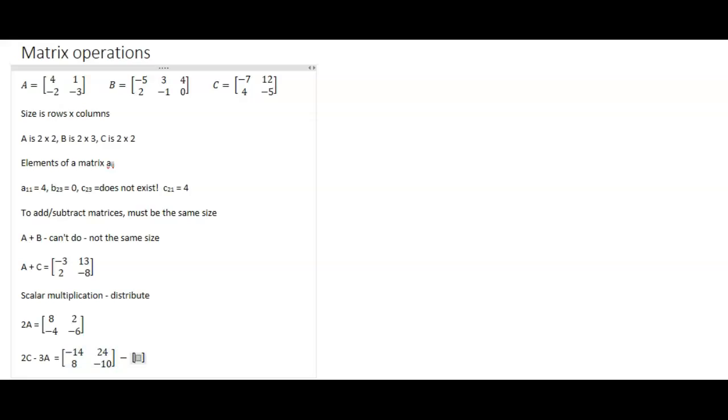I'm going to do that second thing. I'm going to multiply by positive 3 and then subtract. You can do whichever one makes more sense to you. So I want 3A, 3 times 4, 3 times 1, 3 times negative 2, and 3 times negative 3. And now I'm going to subtract carefully.